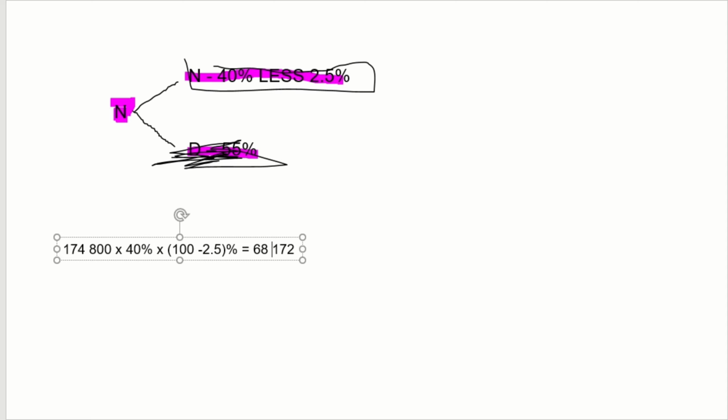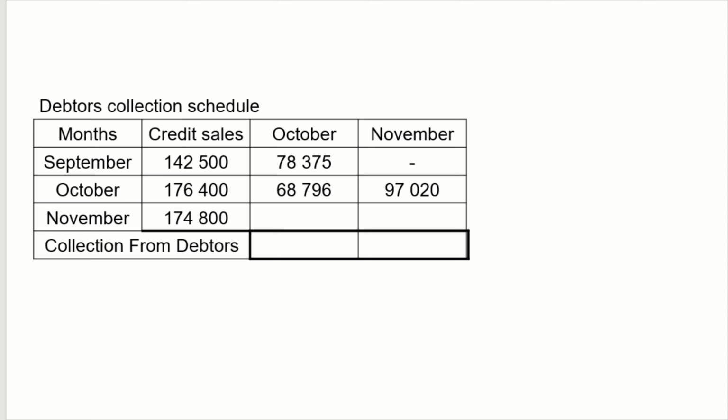All right, and we all know the next step. We take this amount and we're gonna input it where? On the month of November. So this is what we do, and by luck we are done.